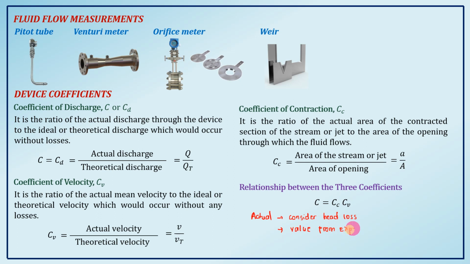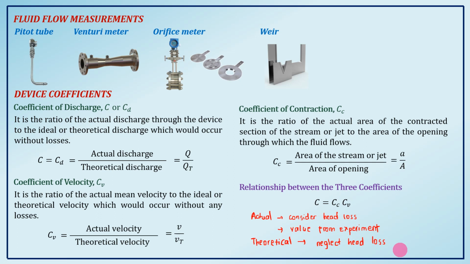Mga values yan, actual kapag galing sa experiment. Ayan. Kapag theoretical naman, saan tayo nanggagaling? Paano tayo nakakuha ng theoretical? Kapag nineglect natin si head loss sa Bernoulli's energy equation natin. Yun lang naman. Ayan. So, yung review natin, no, kung kailan tayo nagkaroon ng actual and theoretical na mga values. Okay? So, yun lang naman about the review.